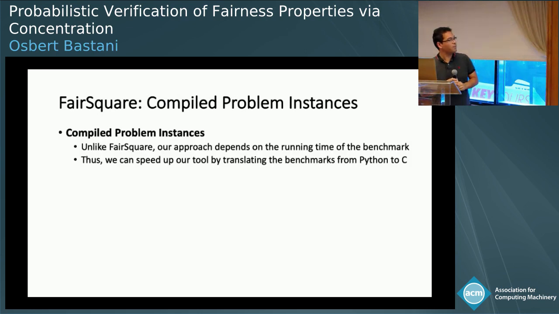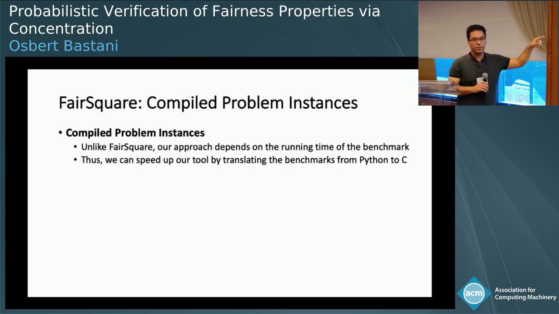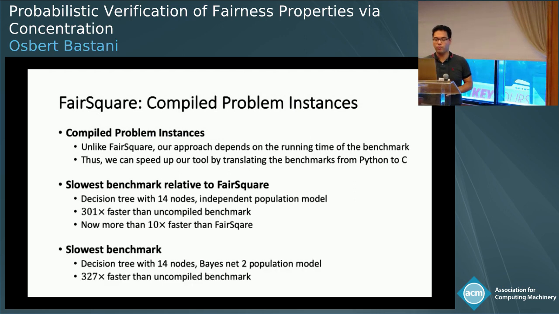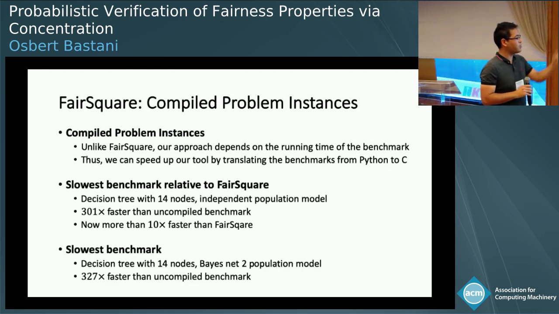The main reason that our tool failed to outperform FairSquare on 9 of the benchmarks is that the FairSquare benchmarks were implemented in Python, and our tool is repeatedly running this code. So it's very sensitive to the language in which these benchmarks are written.